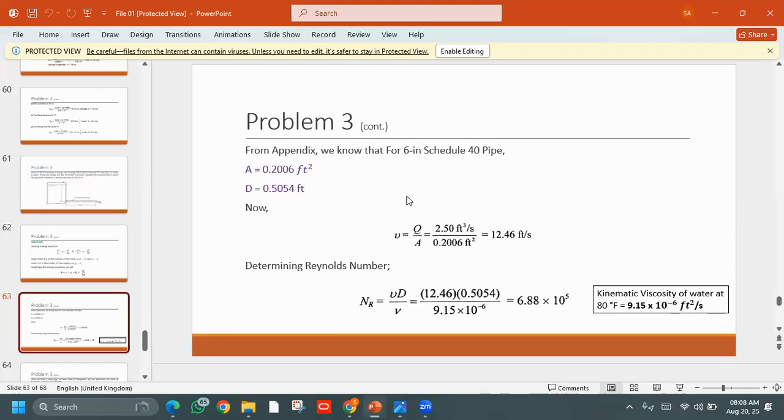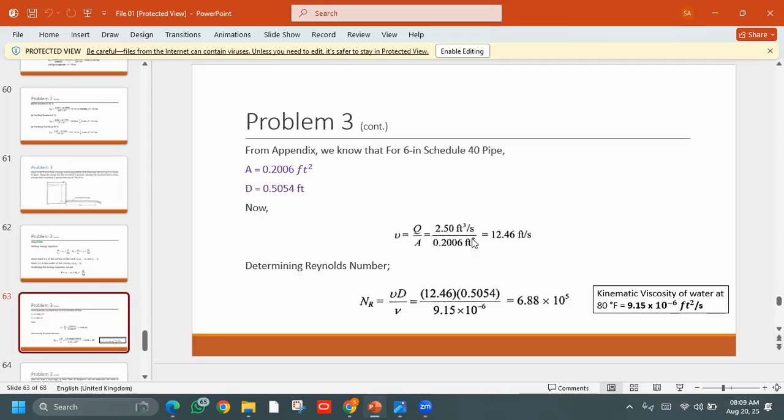Now let's move towards the next phase, which is the calculation of the Reynolds number. For that purpose, we have the diameter, and we have the kinematic viscosity from appendix A2, but we do not have the value of velocity. To calculate the velocity, we divide the discharge by the area of the pipe.